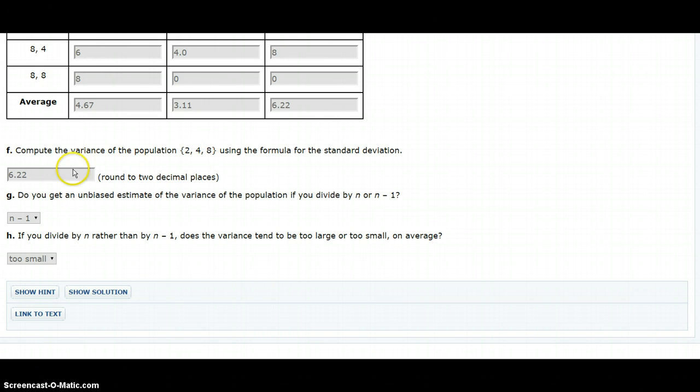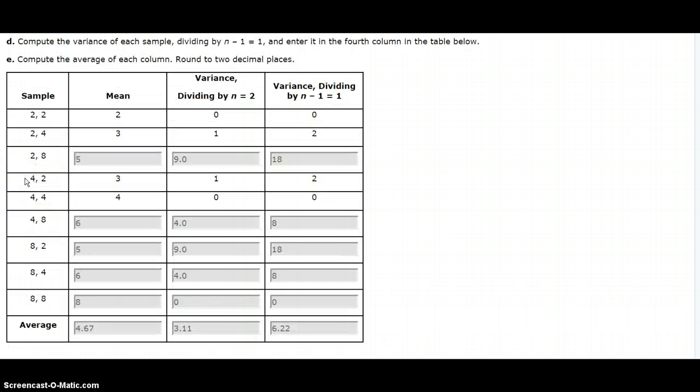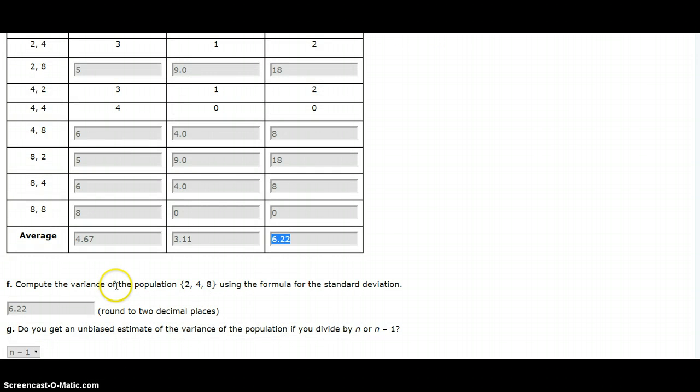If you do that, you will get 6.22. Notice that when we were calculating the sample standard deviation, it was when we divided by n minus 1 that gave us the average matching up with the population variance.